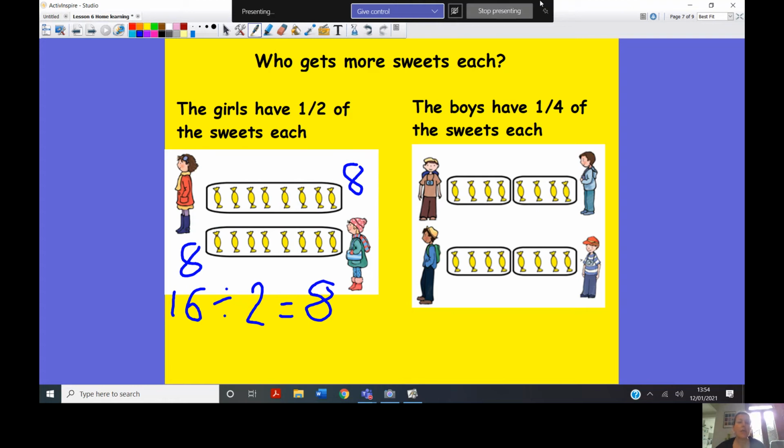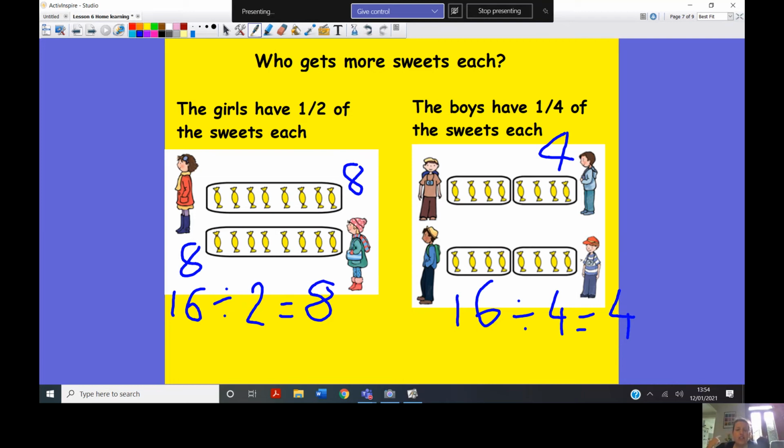So they've been split equally into 4 equal groups, and in each group there is 1, 2, 3, 4. There are 4 equal groups. Remember, we do the whole, which is 16, divided by the denominator, the number of groups, which is 4. So 16 divided by 4 is equal to 4.